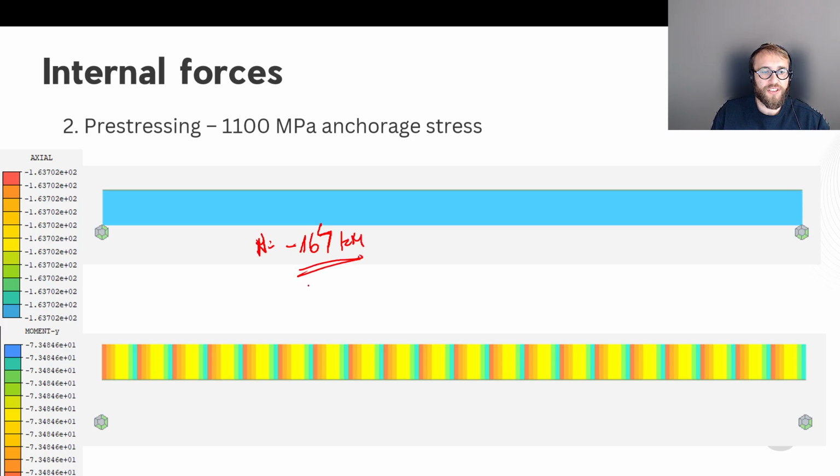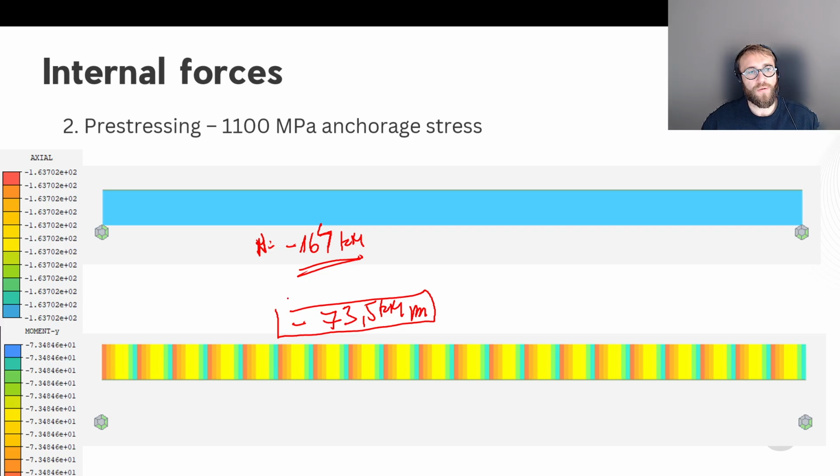We can also observe the bending moment that has a constant shape because the tendon is straight. So there is a minus 73.5 kilonewton meter along the length of the beam.